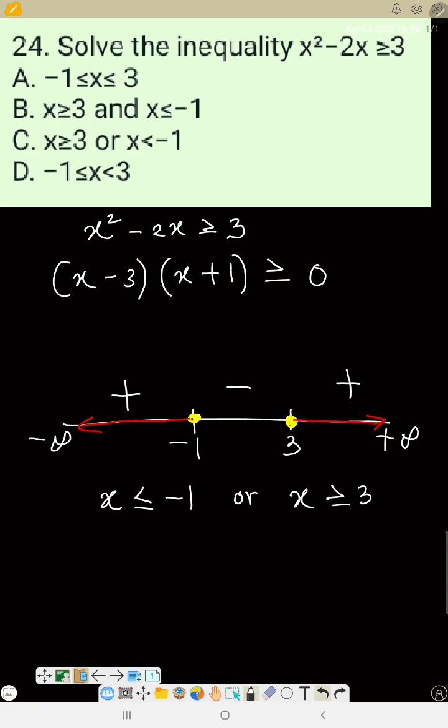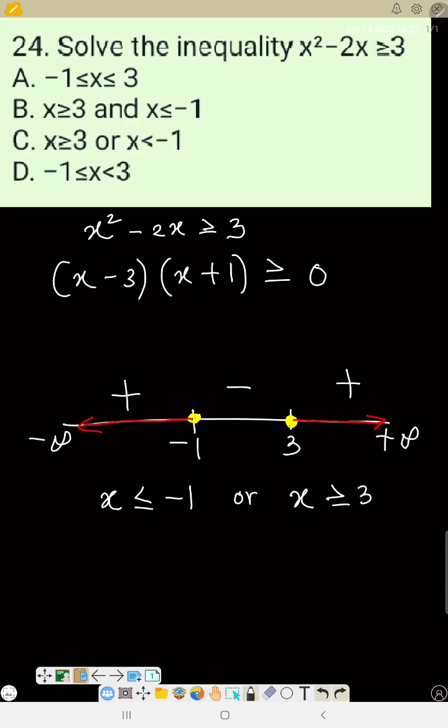But here, what numbers are you going to write from after -1? You are writing -2, -3, and so on. All these numbers are less than -1, so s is less than or equal to -1. Now this is your inequality: s is less than or equal to -1, and s is greater than or equal to 3.